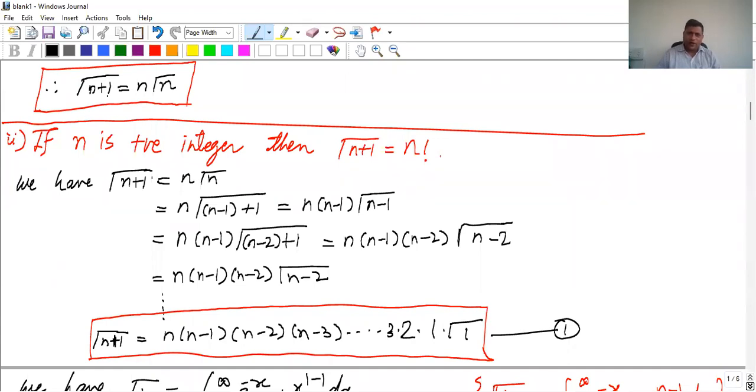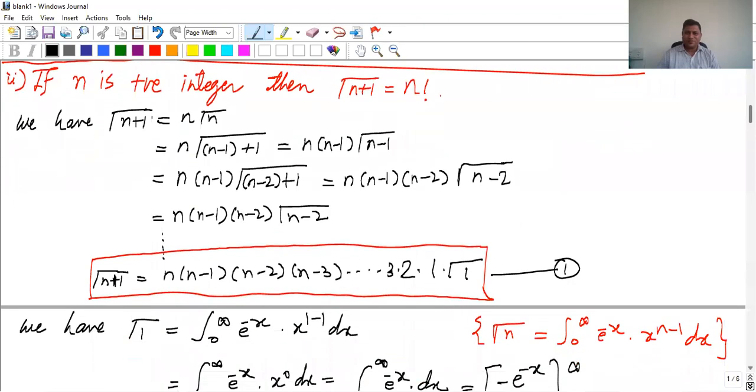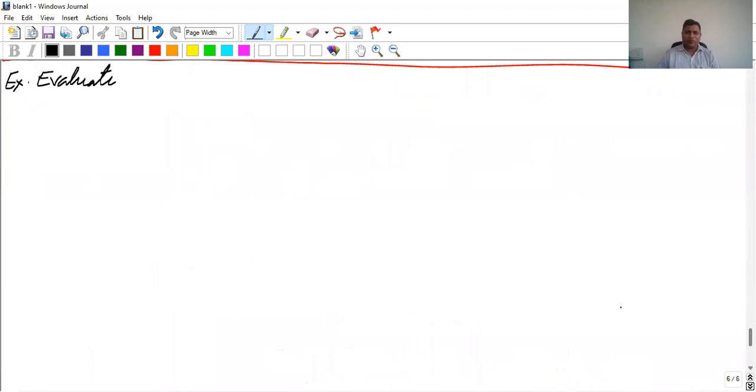If we use this property, 5 by 2 becomes 3 by 2 into gamma 3 by 2. Then 3 by 2 is again half into gamma half. So there it will not be a factorial. It will be a factorial only if n is a positive integer. Got it? Yes, sir. Okay.